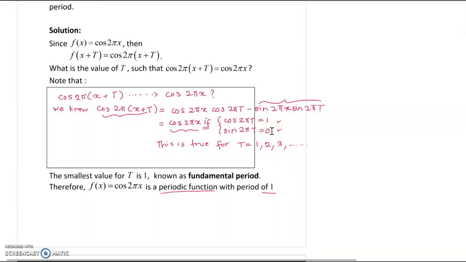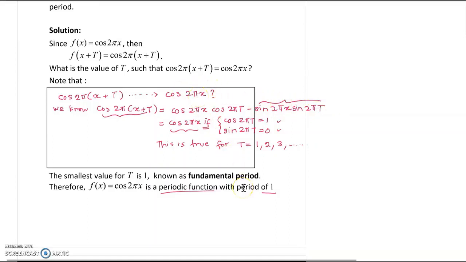In that case, it is not periodic. So basically we are looking for the value of t that satisfies both, because we want to make sure this part is 0 and this part is 1. If it only satisfies the first one, it means that the term here still remains, and then we will not get back cos 2 pi x.